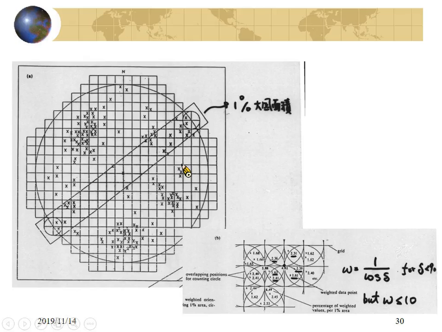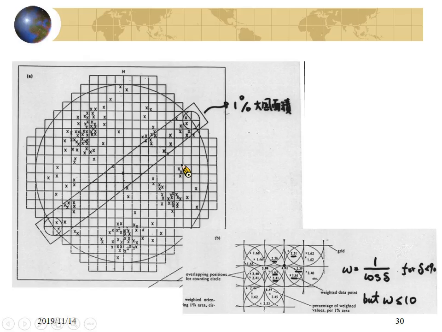So every single measurement is not really the density of the discontinuities. You need to multiply by the weighting number to amplify the numbers you measured. Then you use the amplified values to make your contours. It means you make the correction of the sampling bias.